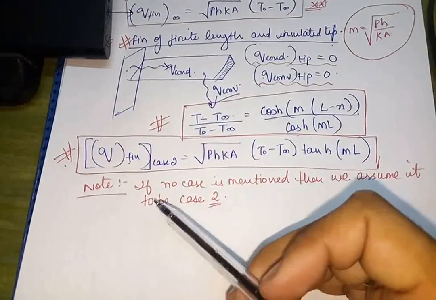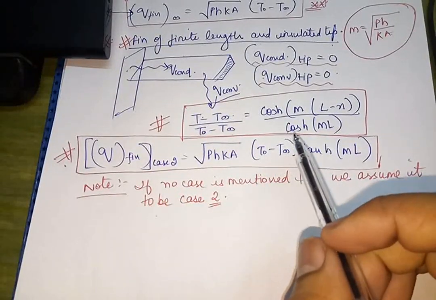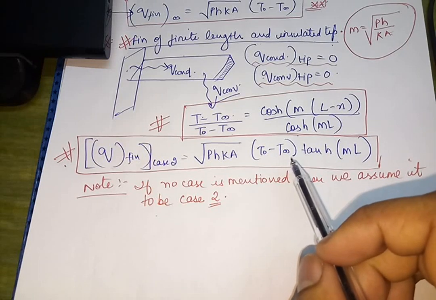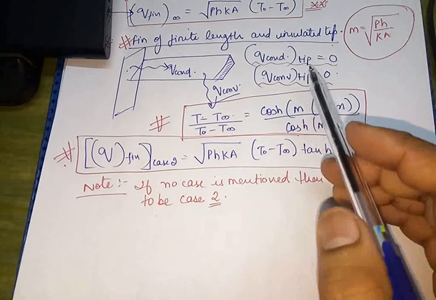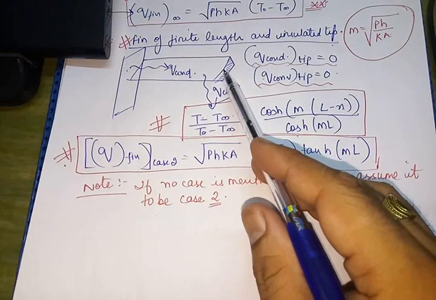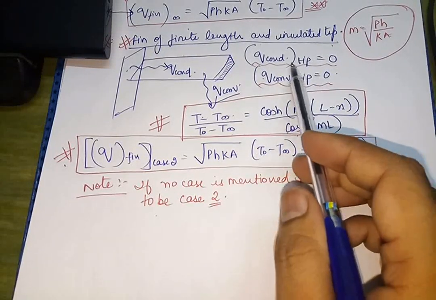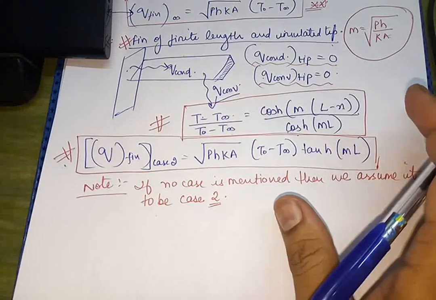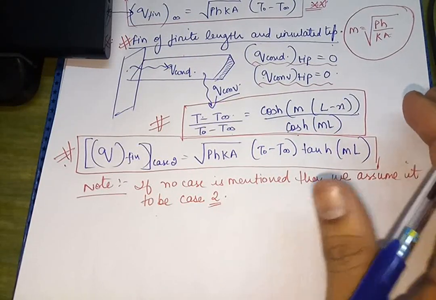However, for practical purposes, we are never going to insulate the tip of the fin. Rather, we neglect the convection heat loss from the tip as explained below. We are not going to insulate the tip, but for our assumption, we will assume that Q convection through the tip is 0, as the thickness of the fin is very, very less.